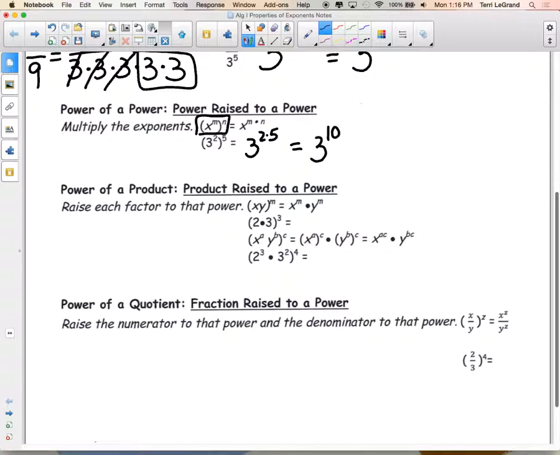That's good. Okay, let's try that in our calculators and see that it works. You have to put it in parentheses: parentheses, 3 squared, close that parenthesis, and then take that to the 5th power.